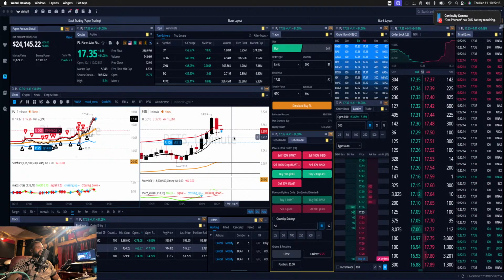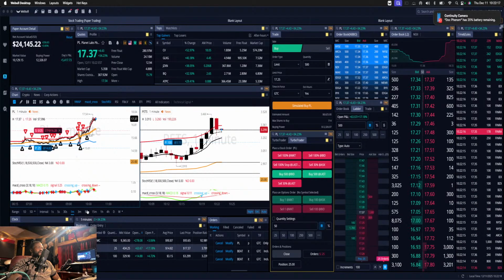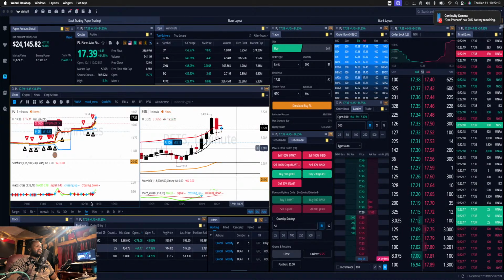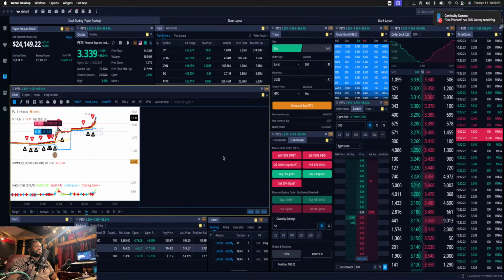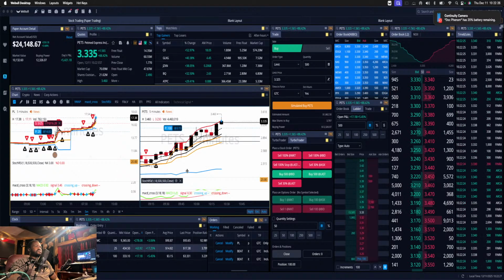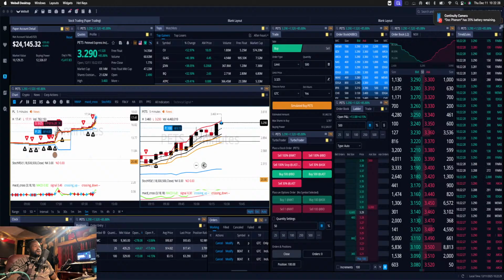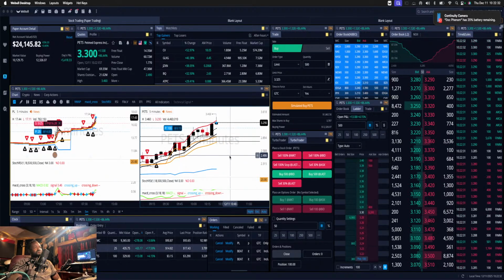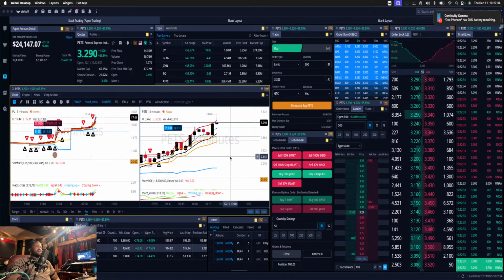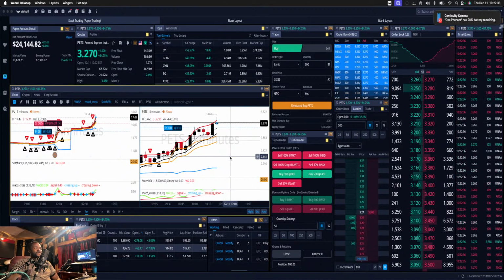What are we looking like on the 5-minute chart? It's making a top and tail candle on that 5-minute chart. I don't like that.